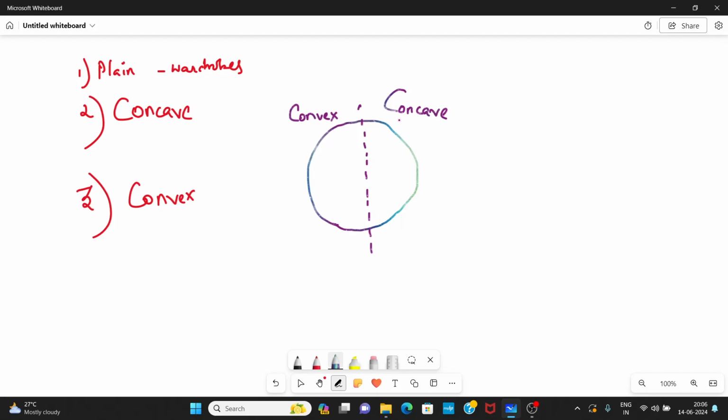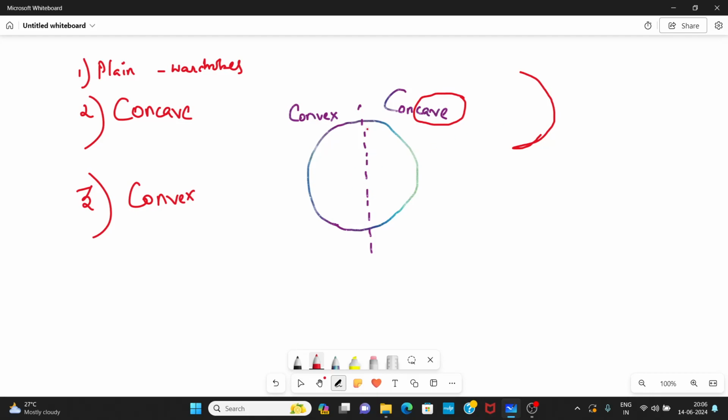In other words, as the name suggests, concave is just like a cave. Imagine the cave of animals, how will it be? It will be hollow inside for the animals to enter.